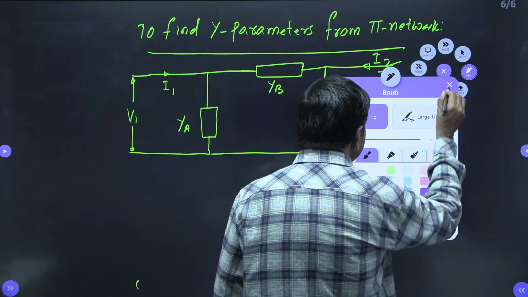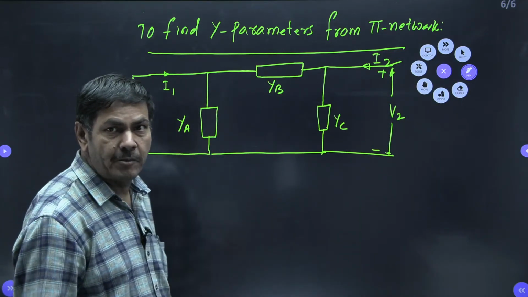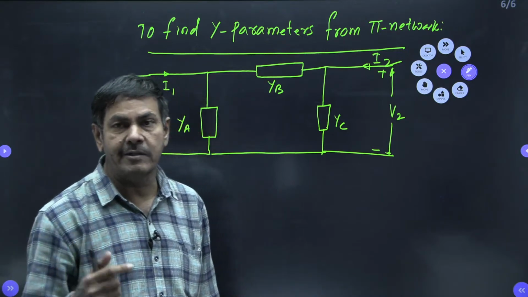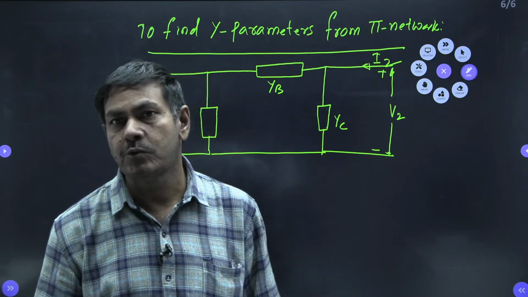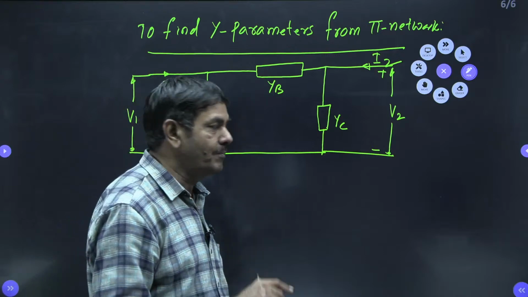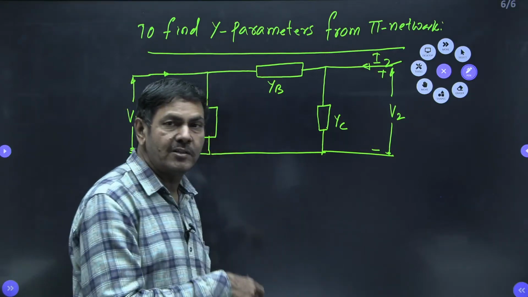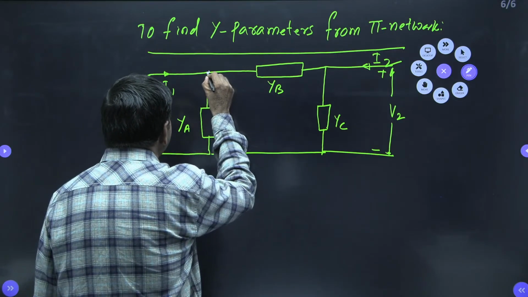How we can apply this nodal analysis, you watch. The Y parameter equations I gave already: I1 equal to Y11 into V1 plus Y12 into V2, and in the same way I2 is also given. Two current equations are required, and by using those two equations we can get the Y parameters. I say this node voltage I can take as V1.